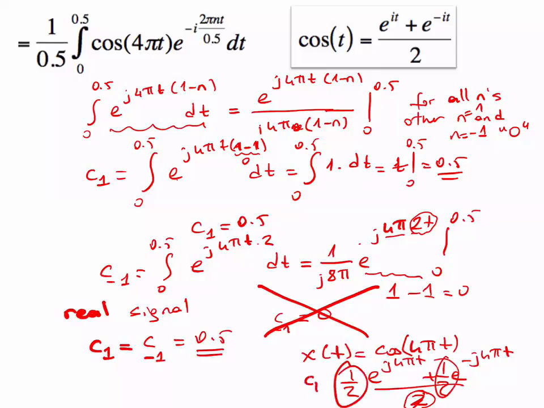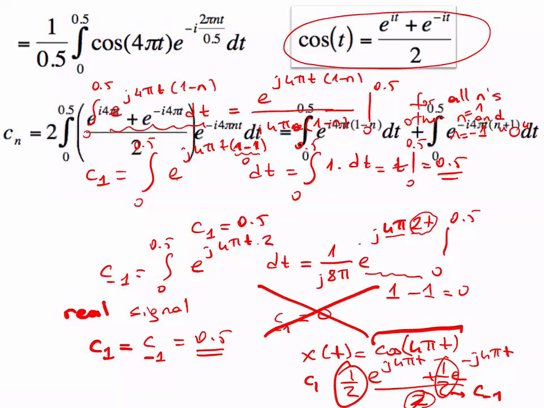So this is C1 and this is C minus 1. For cosine and sine signals, we always write the Euler's relation like that, and the coefficients are written accordingly. Okay, this is very important.